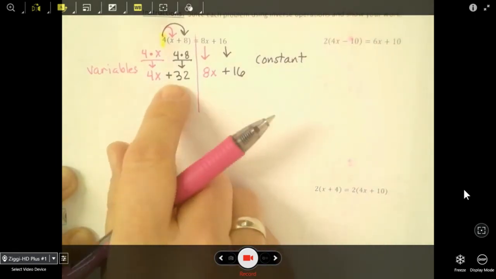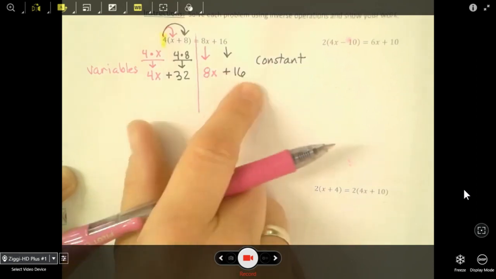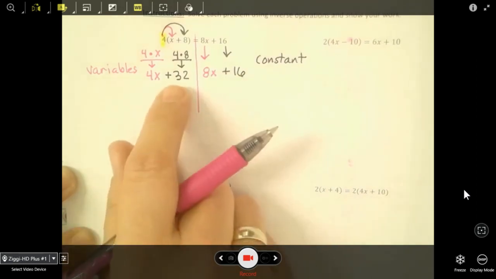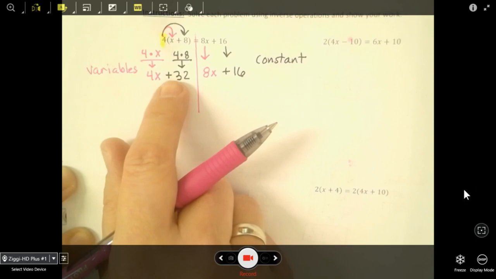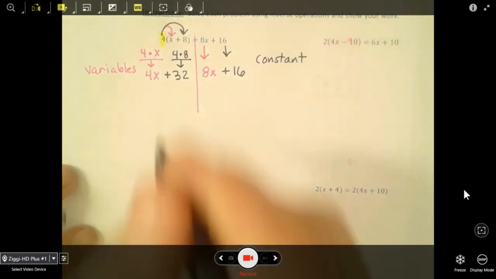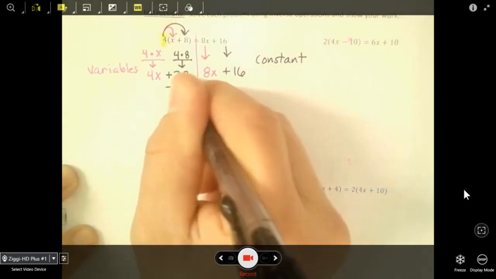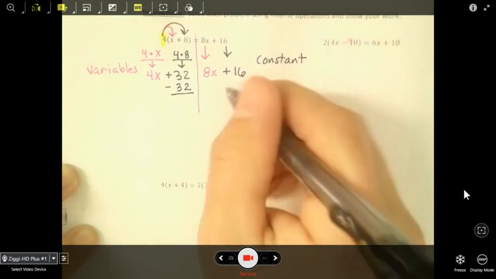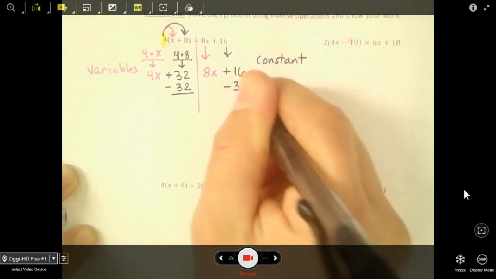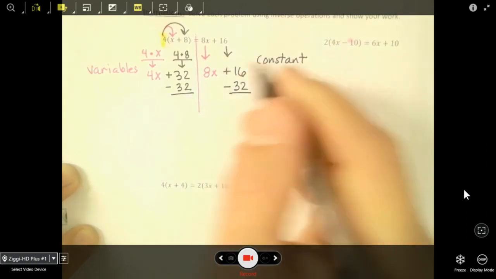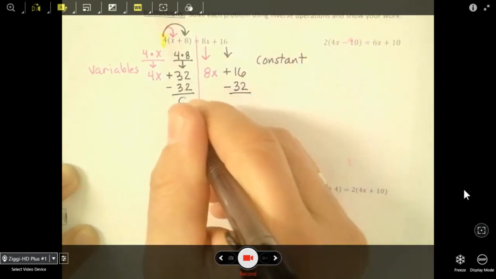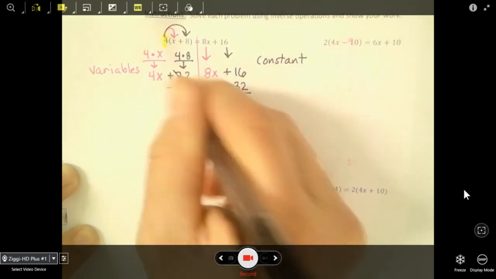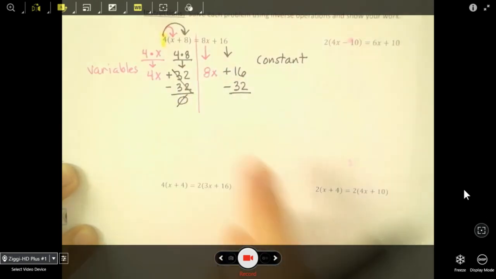So at this point, if I want to move this positive 32 to the right side of my equation, I have to do the opposite of adding, because right now it's adding, and that's going to be subtracting. Now if I subtract it from the left, I also need to subtract it from the right. And 32 minus 32 is going to give me 0. So we like to say those cancel out.